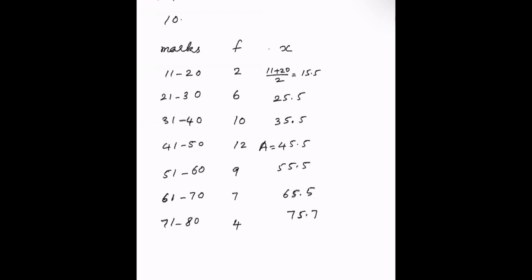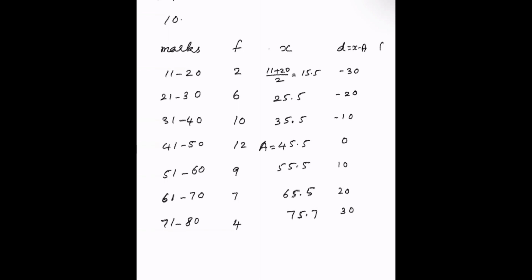Next is d equal to x minus A. So 15.5 minus 45.5, I'm getting negative 30. Here it is negative 20. Here it is negative 10. This is 0, 10, 20, 30.